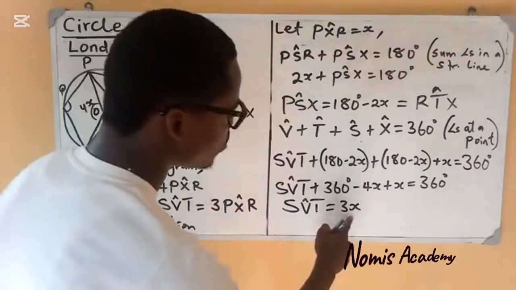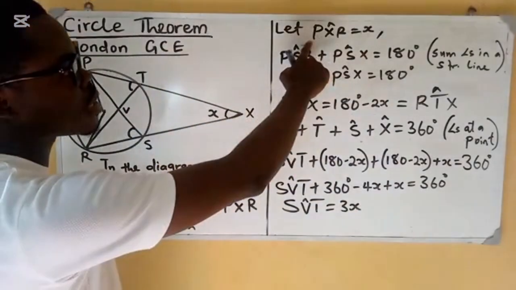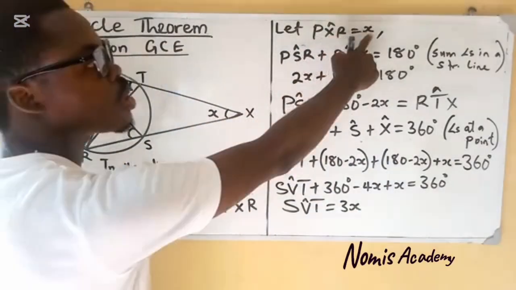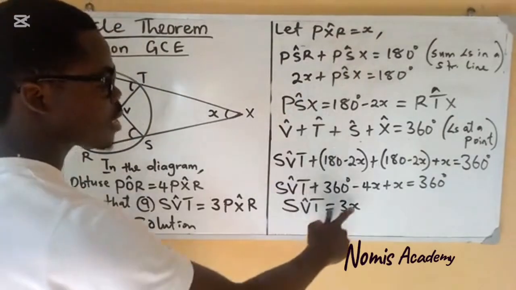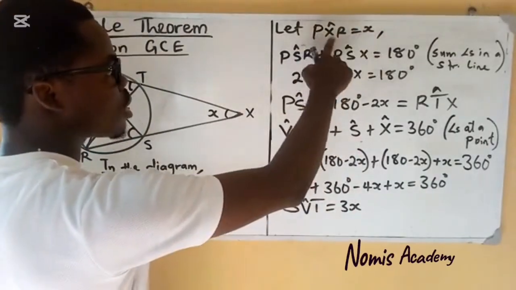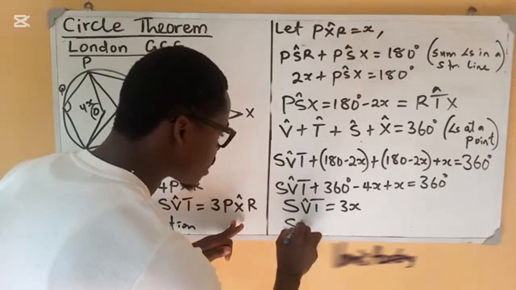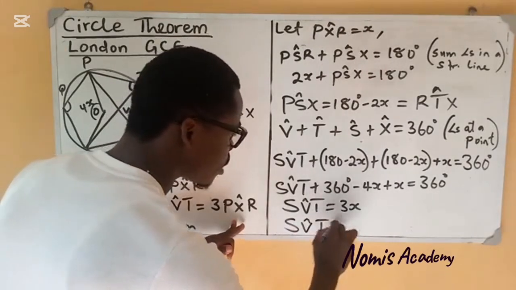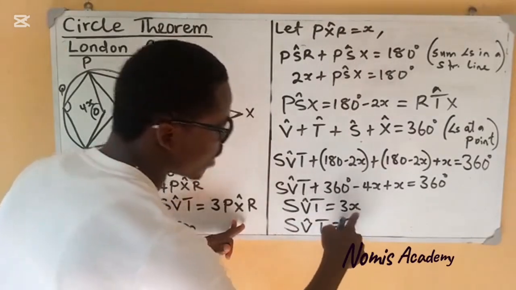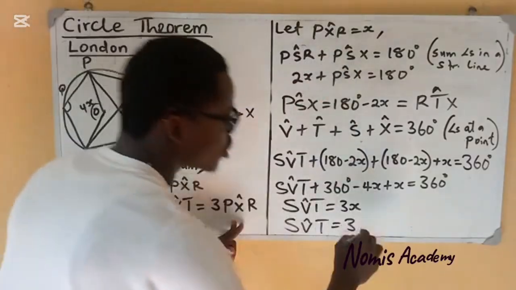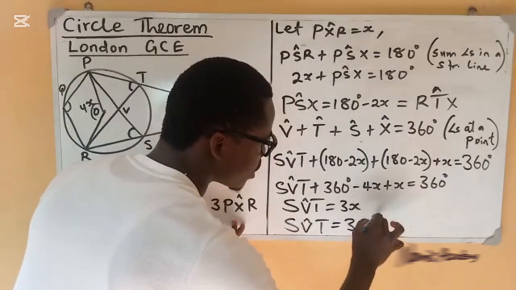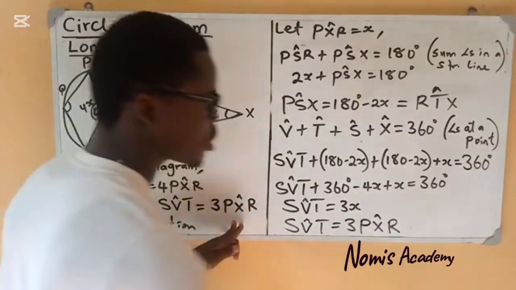All right, recall we said let PXR equal x. So finally, you can see that SVT is equal to 3x, which is 3PXR. So we are done.